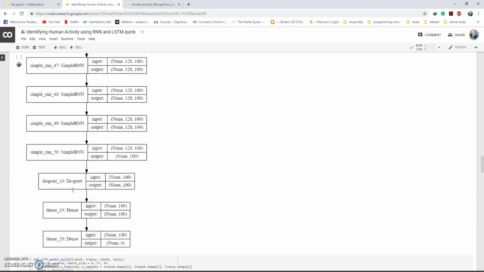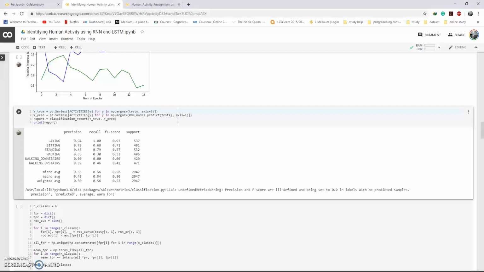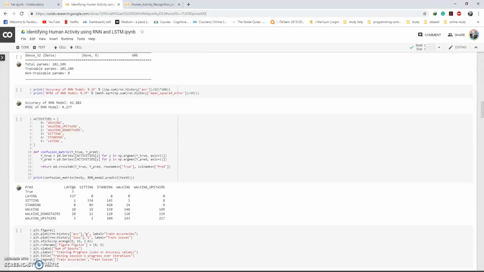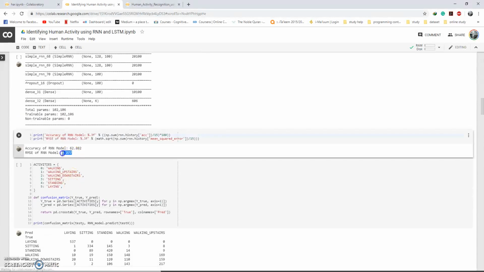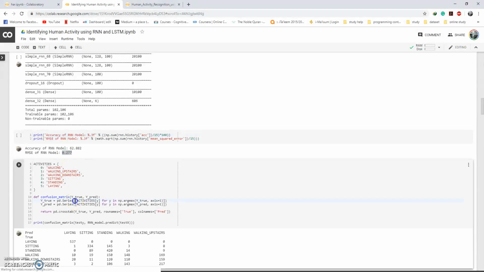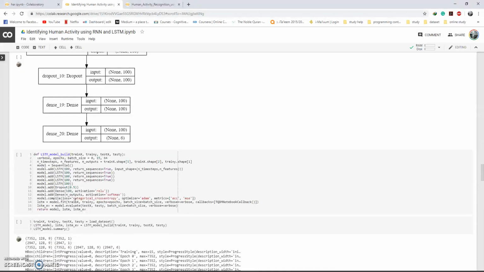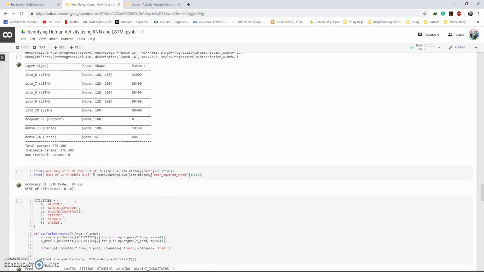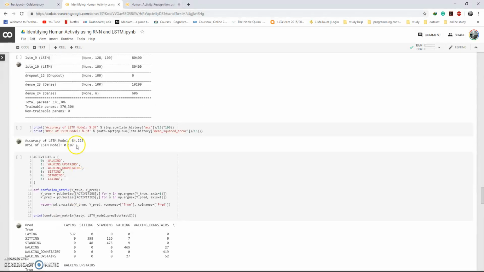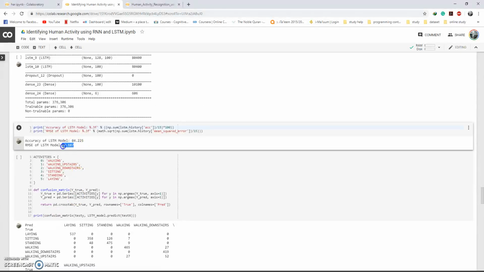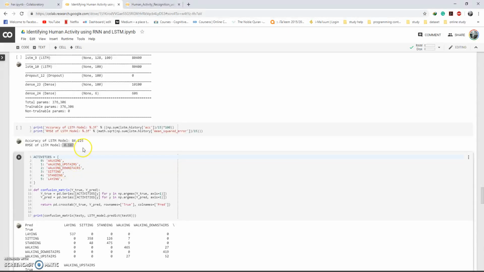If you see from above, it is lower than RNN. The RMSE for RNN was 0.277%. RMSE is another evaluation metric. We can say that if the RMSE is low for LSTM, that means it is performing better than RNN.